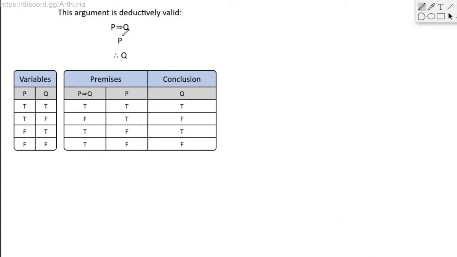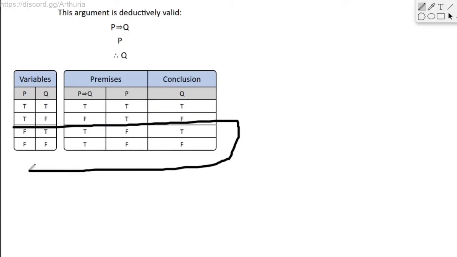If P then Q, P, thus Q. If it turns out to be the case that P is false in real life, and these are the only two premises that we care about, then this would be a valid argument, but it is unsound because P is not true in real life. So that's the validity versus soundness distinction.